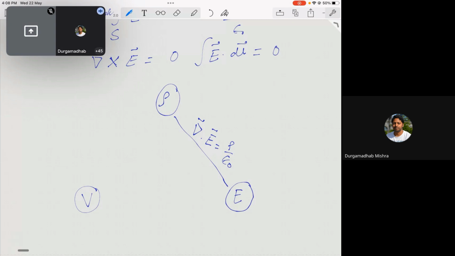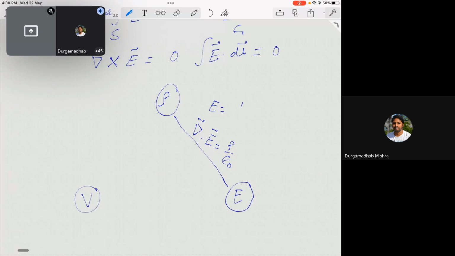Similarly, if you know the electric field, you can also calculate the charge distribution, and here you can also write it in integral form, as we already saw: E dot ds is equal to Q enclosed by epsilon naught. That is another way of representing the same thing.